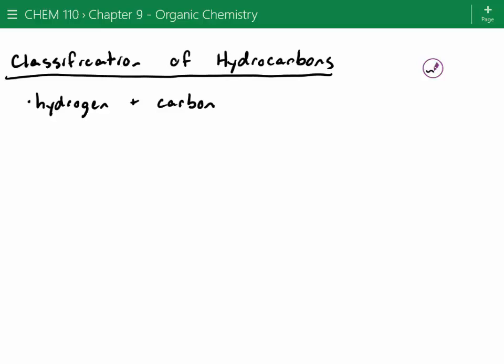So there's a bunch of different types of hydrocarbons. The first type is called an alkane. And what an alkane is, it's a hydrocarbon with carbon-carbon single bonds.